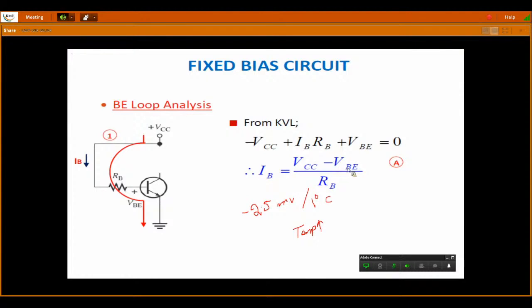So now the base current is dependent on VBE.